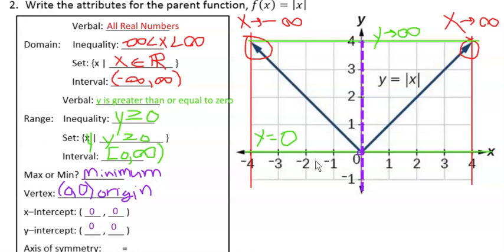That line that goes through the vertex here is at x equals 0. That is your axis of symmetry, because if you folded the graph in half, it would have two equal parts.